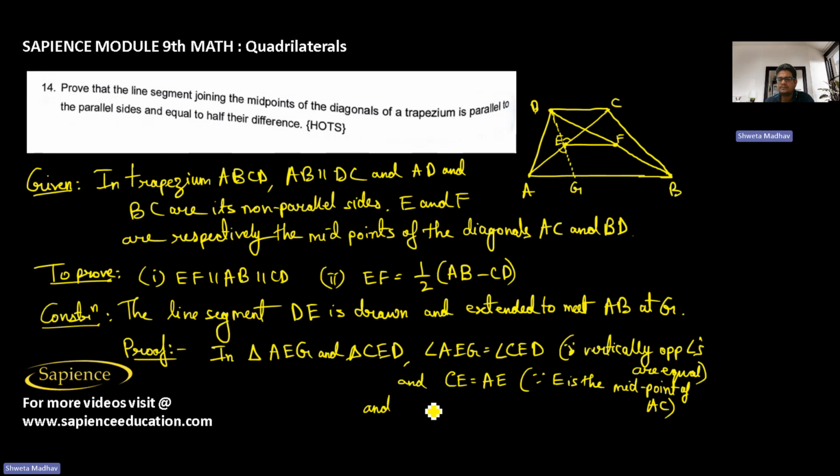And angle GAE is equal to angle DCE, since alternate interior angles are equal, as it is given that DC is parallel to AB, and obviously this AC is the transversal.